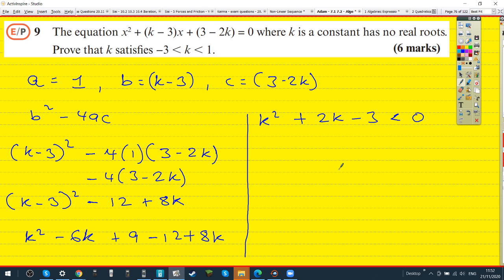And then can you put that into the calculator? See, if we have to prove it, I'm not sure if we're allowed to do that. Sketch. Factorize it. What would it be?